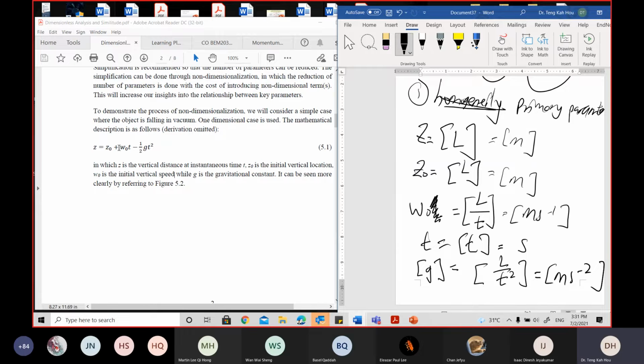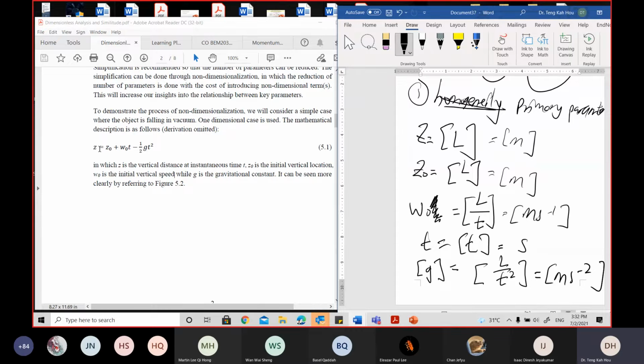If I want to make this equation dimensionless, what do you think I need to do? Divide by z. Yep. Because this equation is simple, z equals z0 plus and so on.